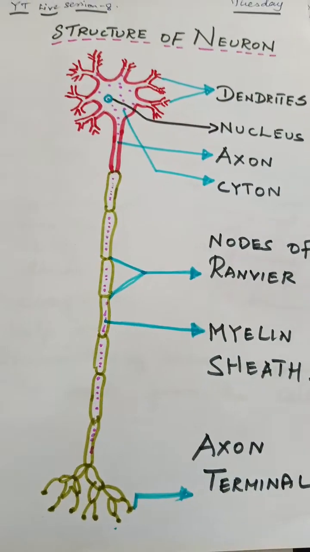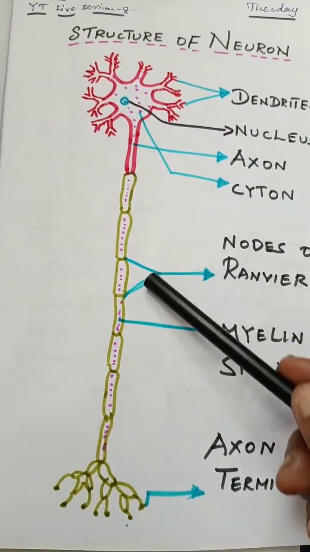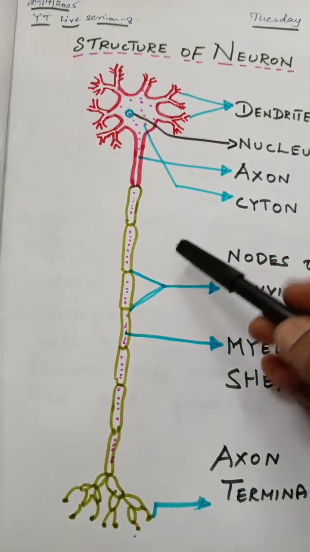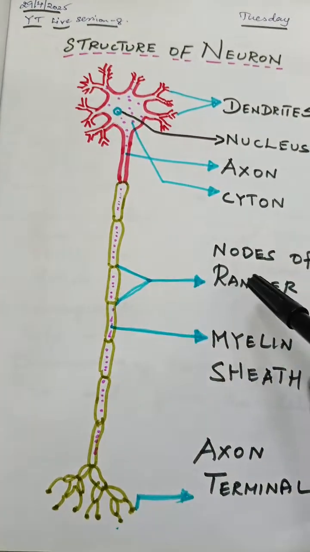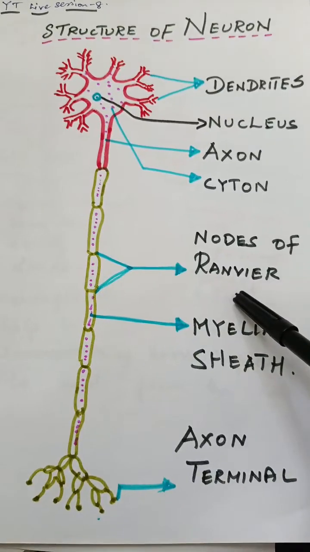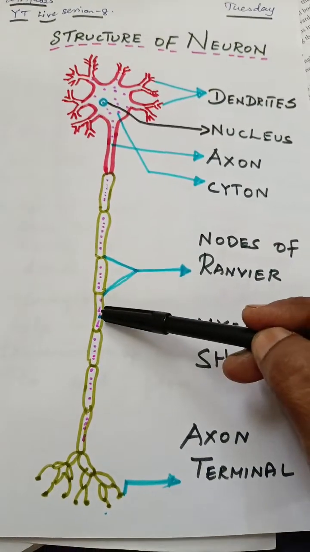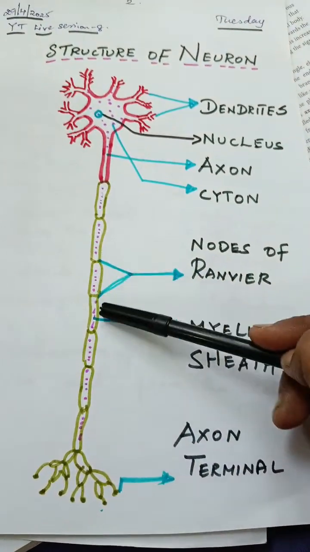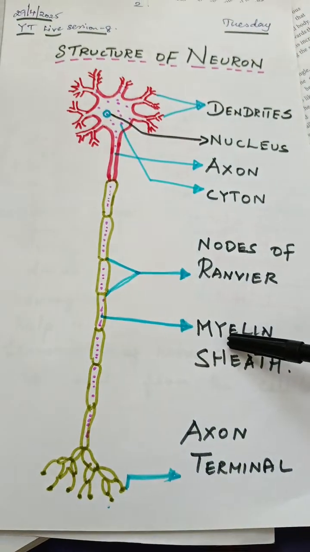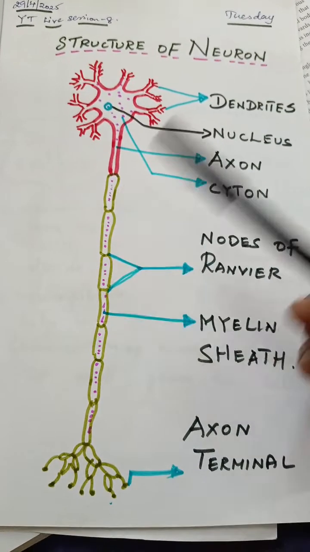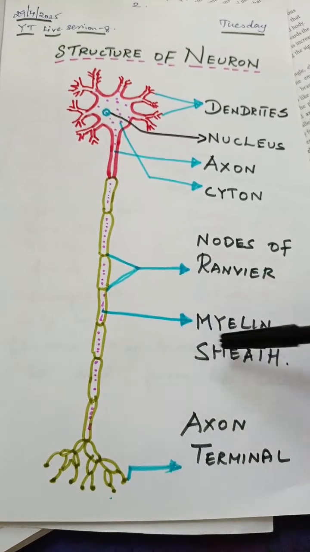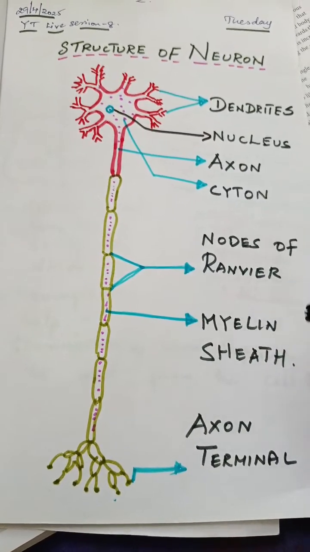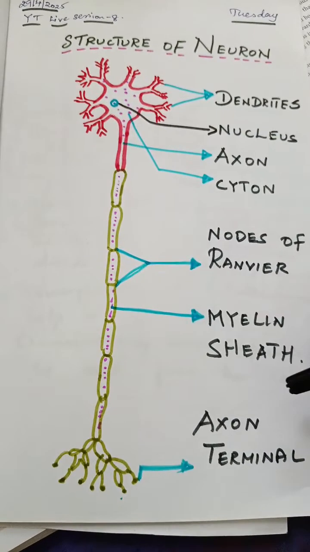Understood? Next, the axon is continuous, as nodes and internodes. The nodes are nothing but the nodes of Ranvier. Inside, the axon is continuous, and it will have a myelin sheath that will protect the axon, and above that myelin sheath you will have a neurolemma, which we will study in detail when we learn part by part in the upcoming session.